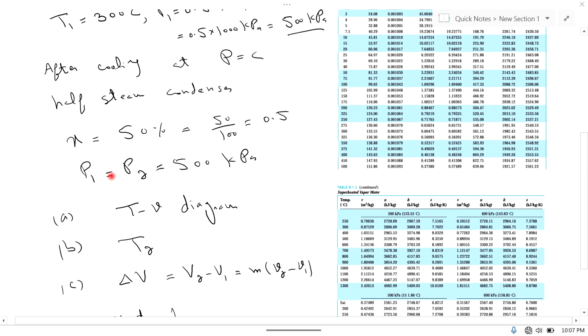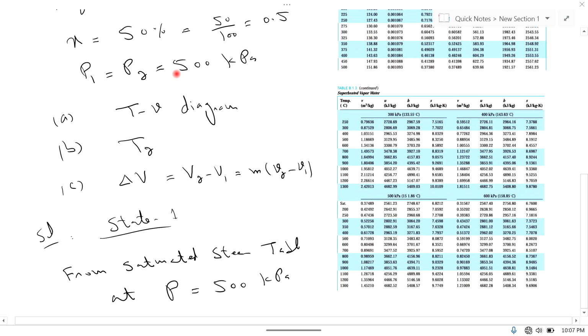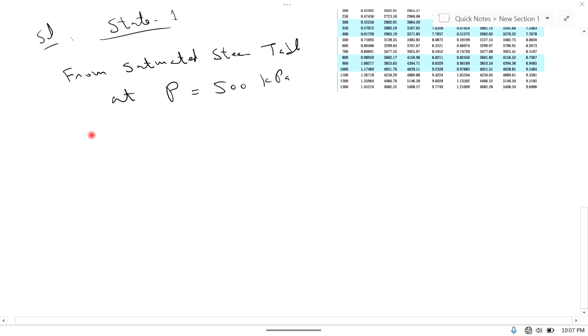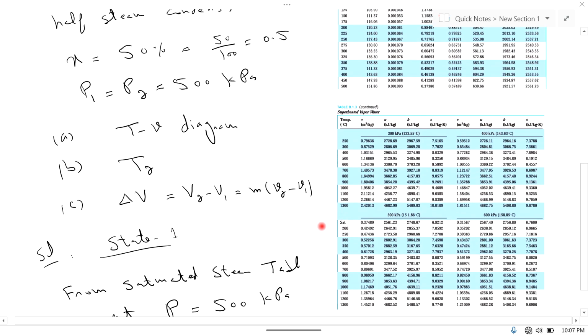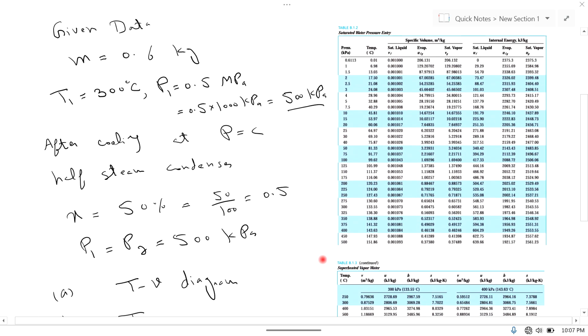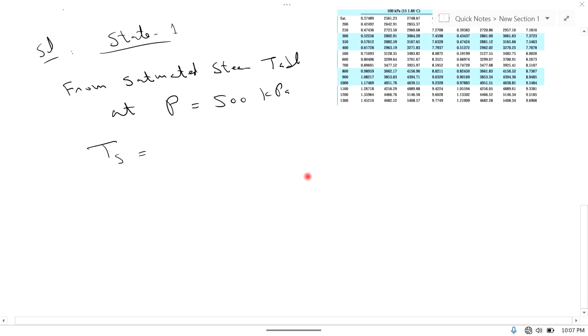Initially P1 and T1 are given, so we find the saturation temperature at 500 kilopascal. From the steam table, this is the saturated table with pressure in kilopascal, and at 500 kilopascal the saturation temperature is 151.86 degree centigrade.